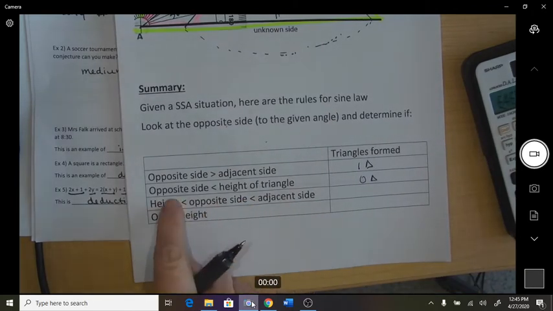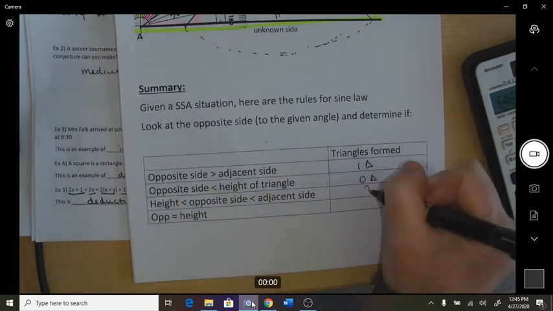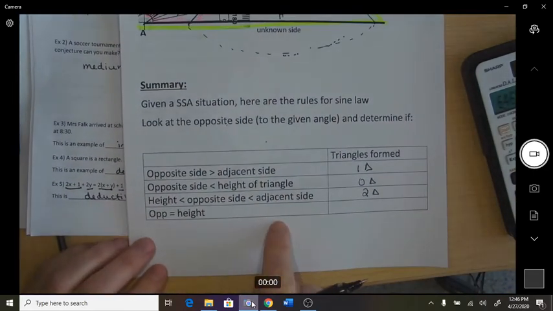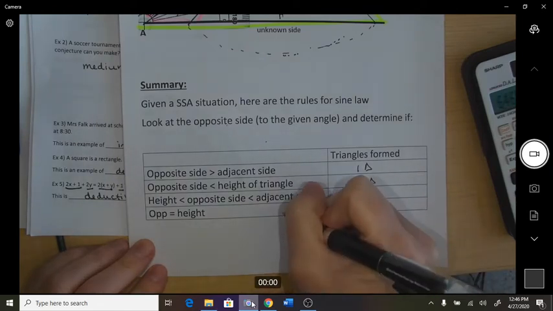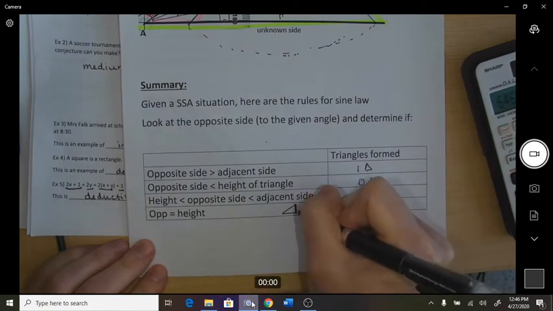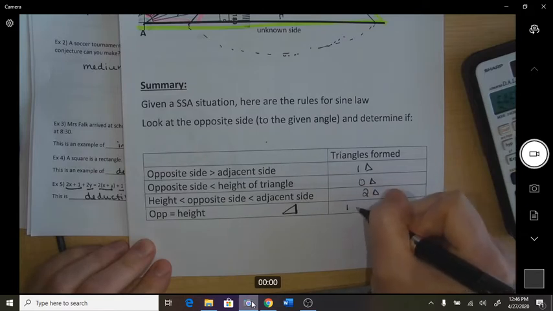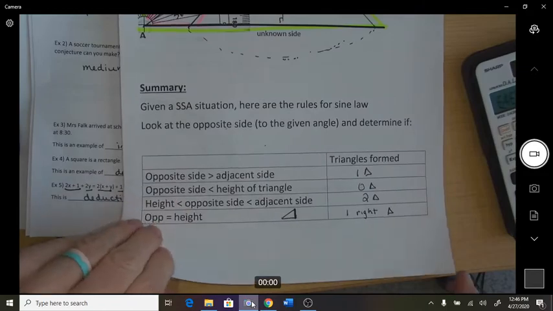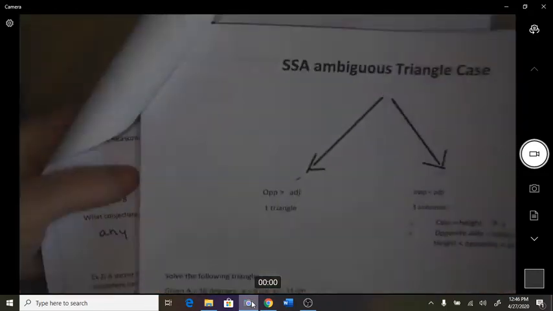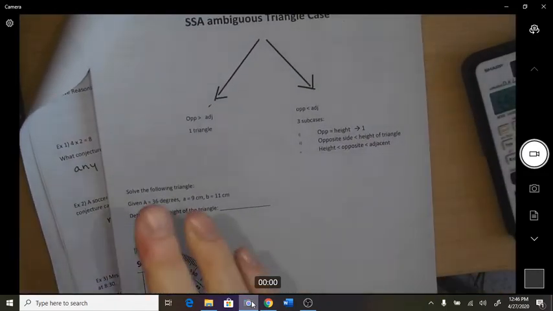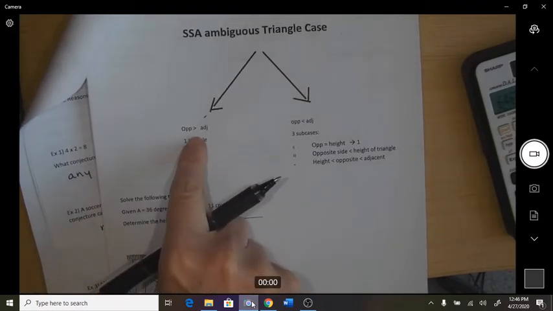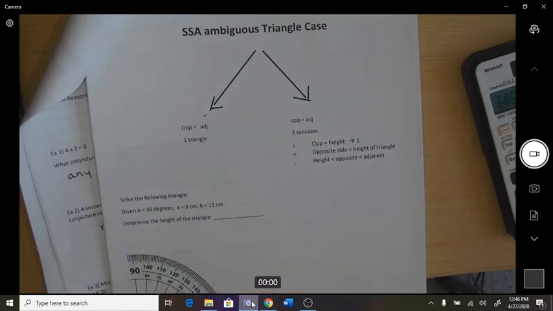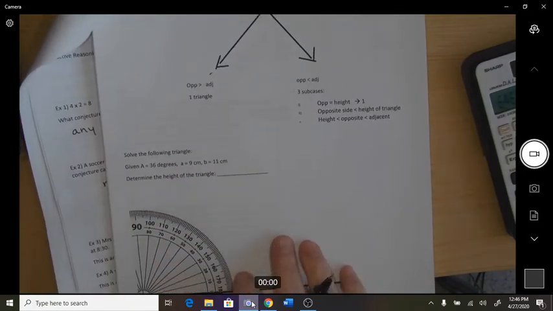If the opposite side is between those two values, just like this, you're going to have 2. And if the opposite side is exactly equal to the height, then you're just going to have 1, and it's going to be a right triangle, one specific right triangle. Okay, there's another. So opposite side is longer, just 1. If the opposite side is shorter, then you have to figure out.